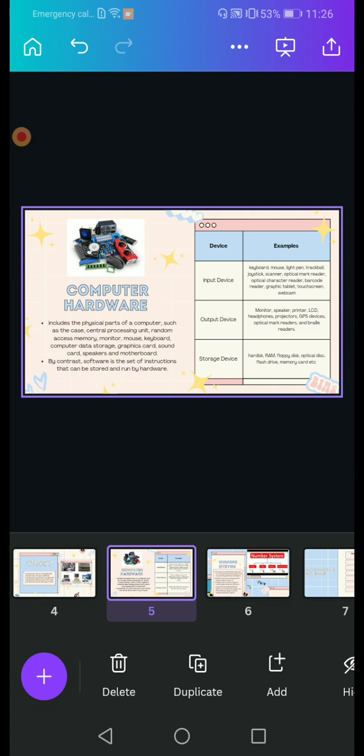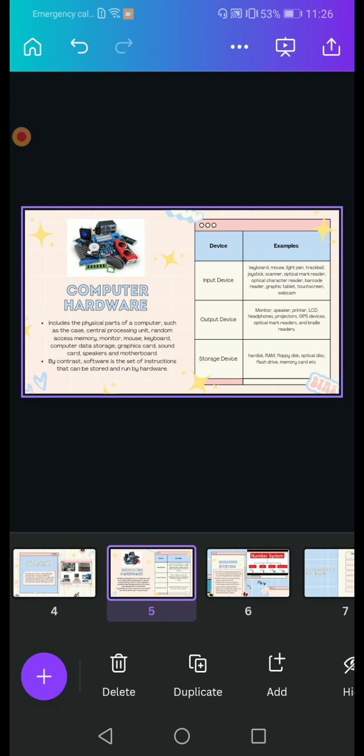And we have three kinds of devices: input device, output device, and storage device. Examples of input devices are keyboard, mouse, light pen, trackball, joystick, scanner, optical mark reader, etc. Output device examples are monitor, speaker, printer, LCD, headphones, projector, GPS device, and many more.